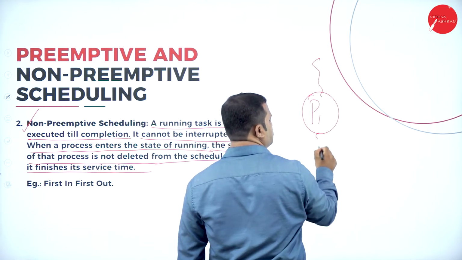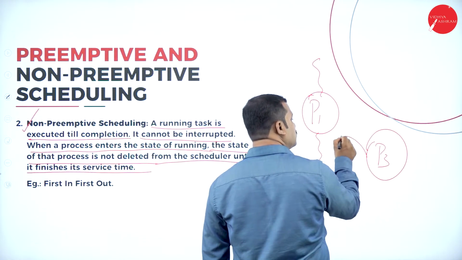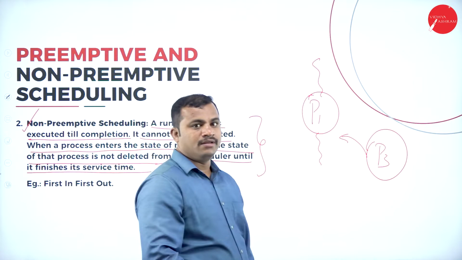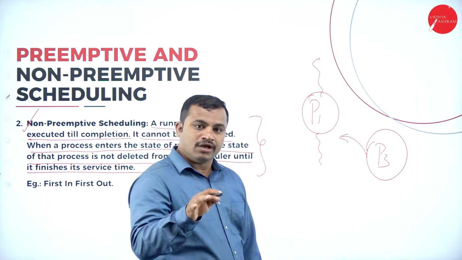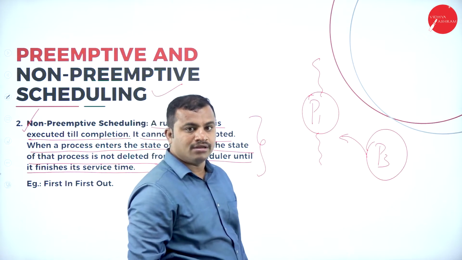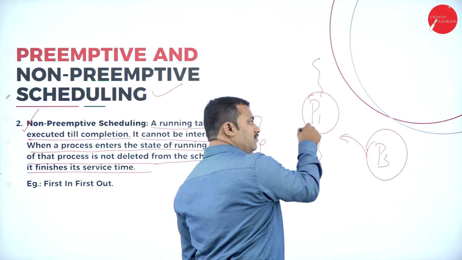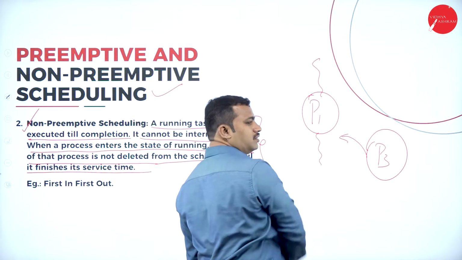When process P1 is being executed, suppose any other process like P3 enters the system with highest priority. If the operating system adopts non-preemptive CPU scheduling, then it will not keep P1 on hold.